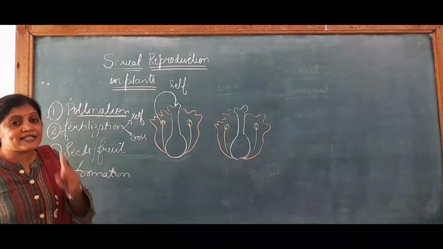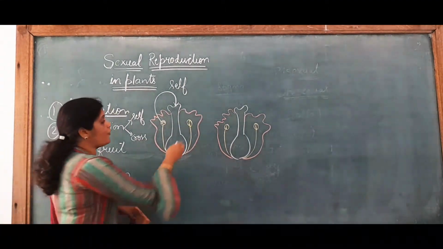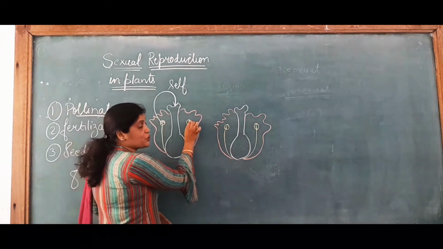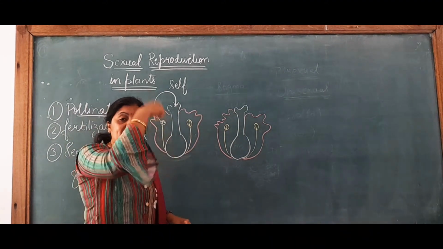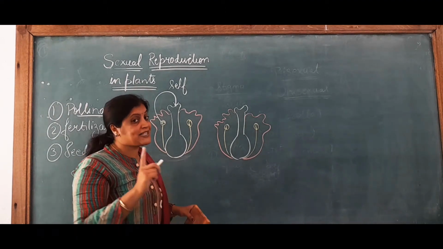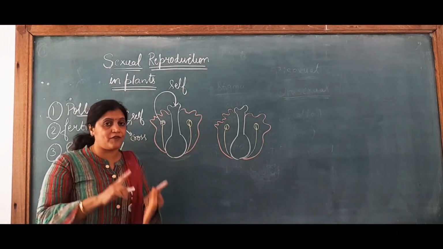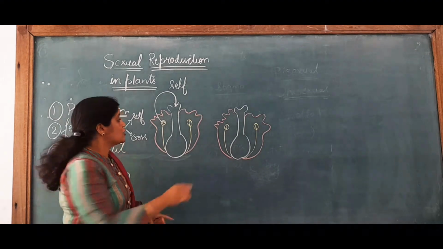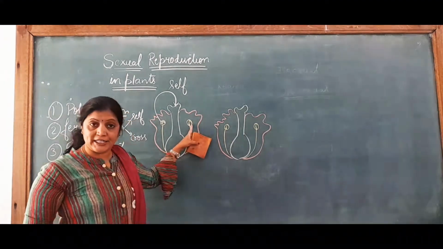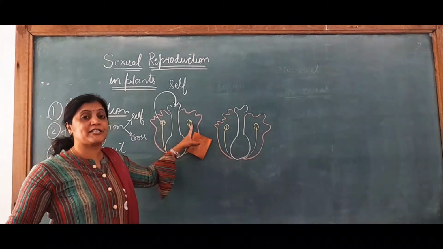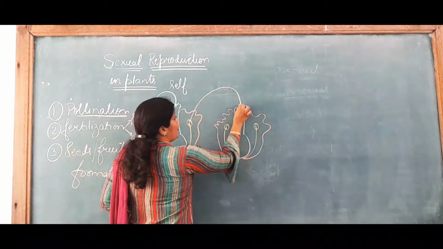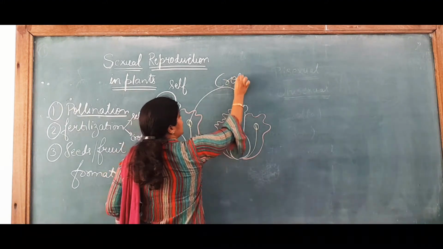But when a flower's pollen grains reach another plant's flower, of the same species, rose to rose, sunflower to sunflower, so one flower's pollen grains reach the stigma of another plant of the same species, this is known as cross-pollination.